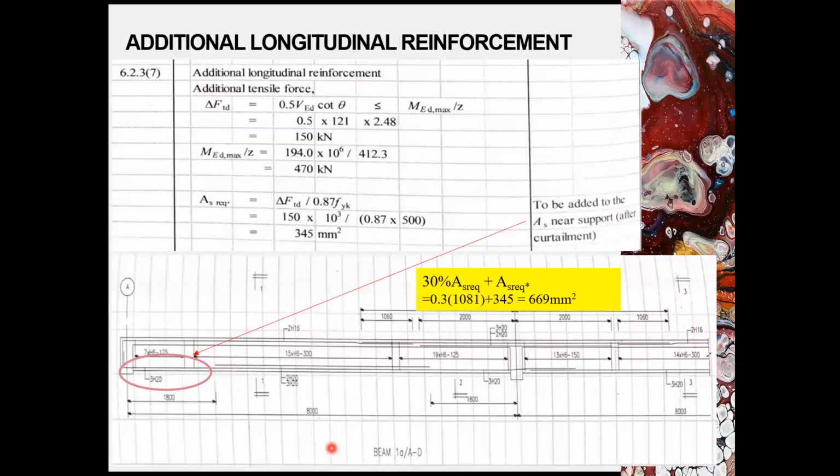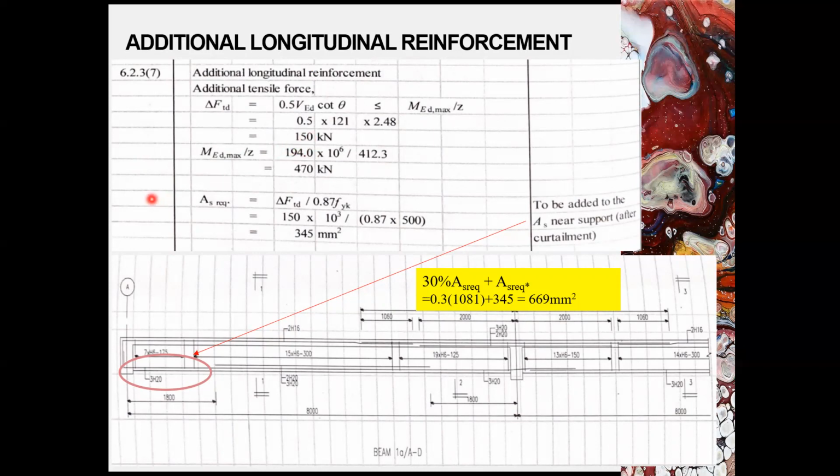In this shear design, it is necessary to allow additional longitudinal tension reinforcement that caused by longitudinal tensile force, the delta Ftd, which is due to the horizontal component required to balance the compressive force in the inclined concrete strut. So additional tensile force shall be less than the MEd max over z.